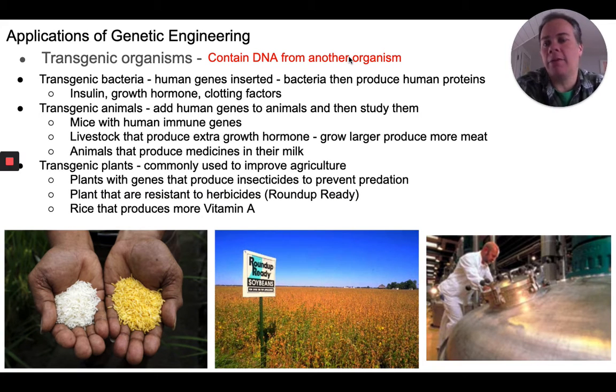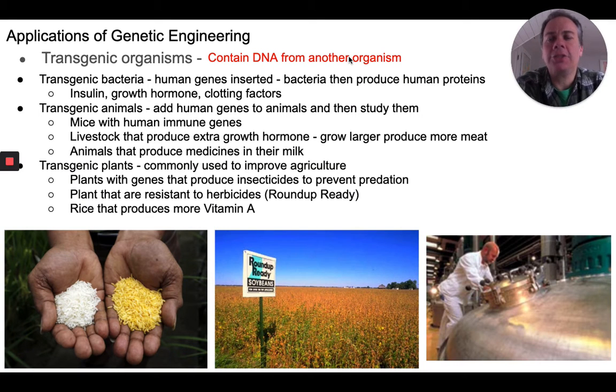A famous example of a transgenic plant is called the Roundup Ready soybeans or other cereal crops, in that scientists inserted into these crops a gene that makes them resistant to an herbicide called Roundup. You may have it in your shed or something. Use it to kill grass on the sidewalk, things like that.